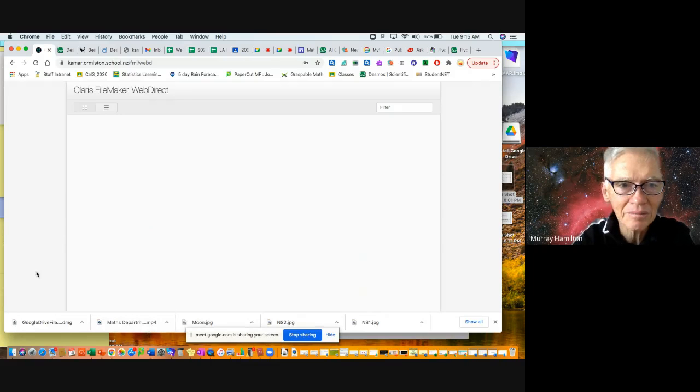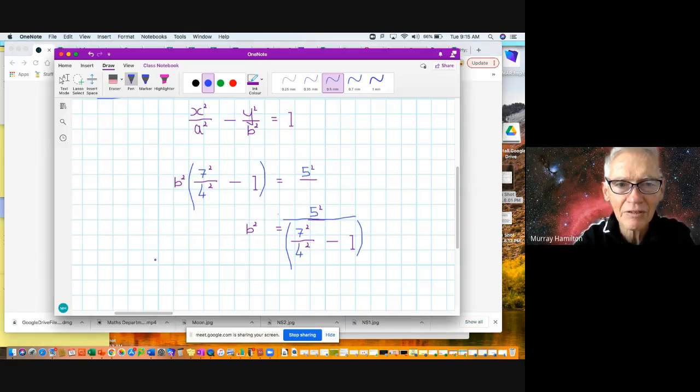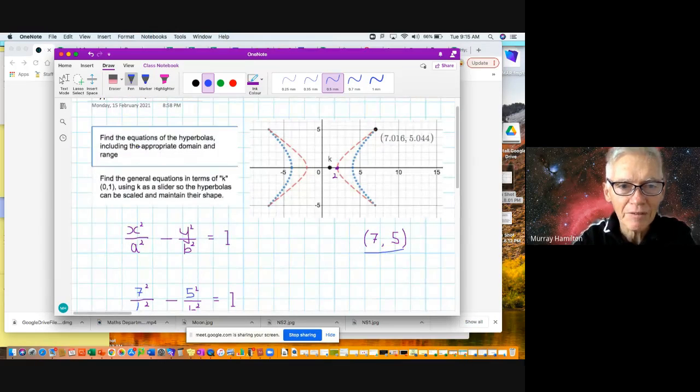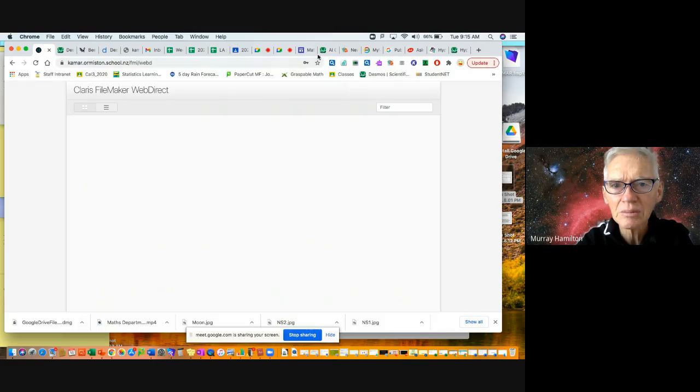Now I've gone to the wrong screen. So let's go back and have a look at the question. So we've done the first bit, finding the equation of hyperbolas, including the appropriate domain and range. Oh yes, now the domain and range, I've just restricted it from 7.016 to negative 7.016. So let's go back and make sure you do that on your Desmos, which is where?